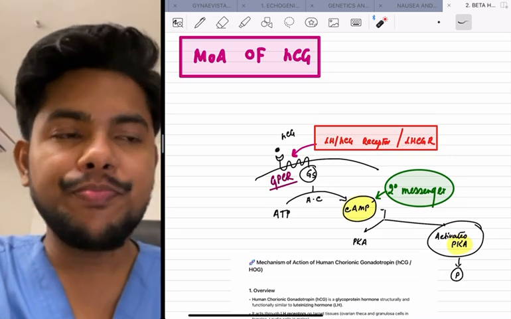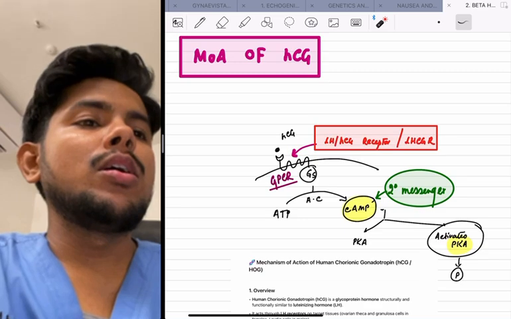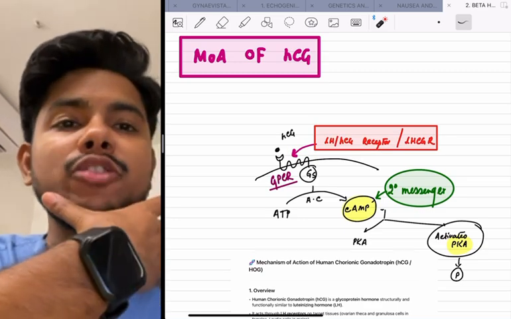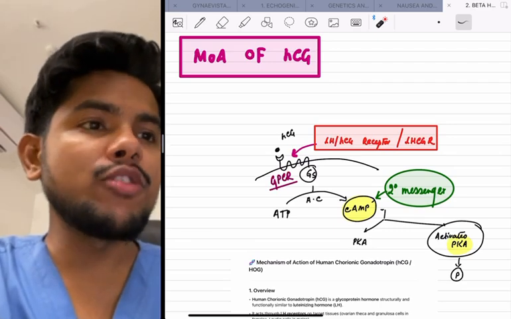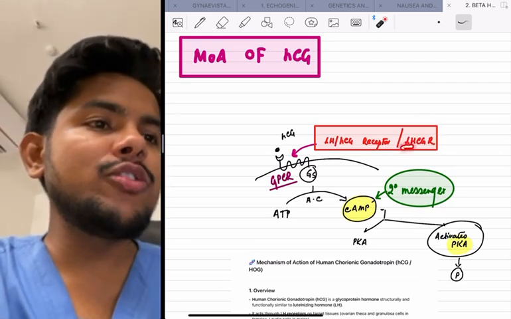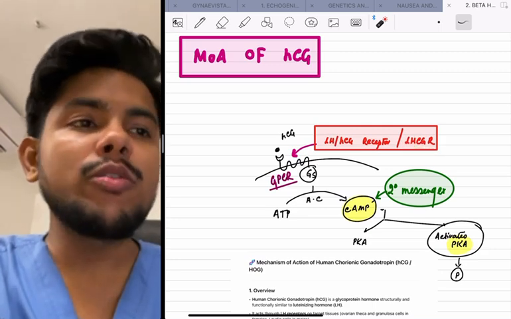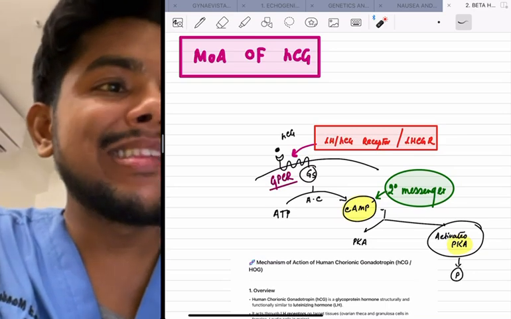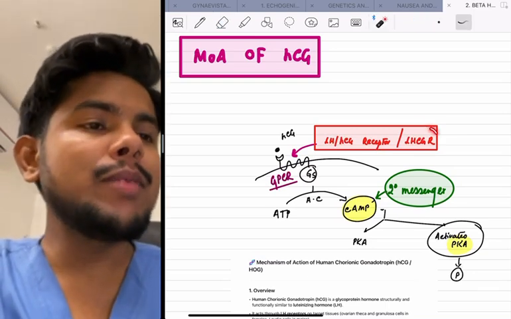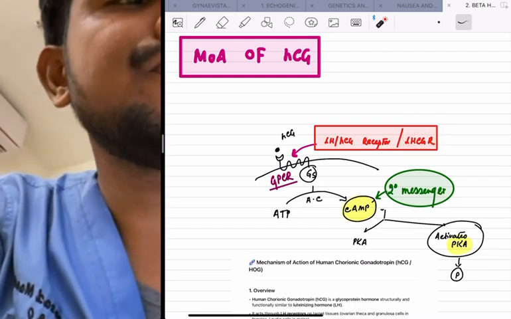Because this receptor binds with both LH as well as hCG. If we decode this terminology, we have LH, we have hCG, we have R. So in short, we call it LHCGR. It is encoded by the same gene. This is the LHCGR gene. Am I clear with this?